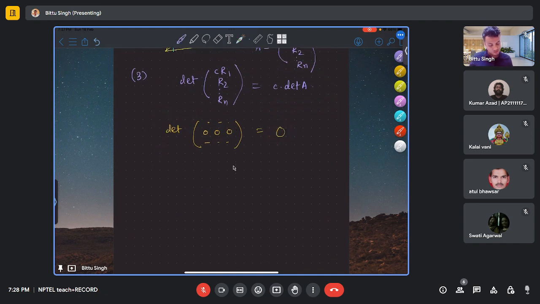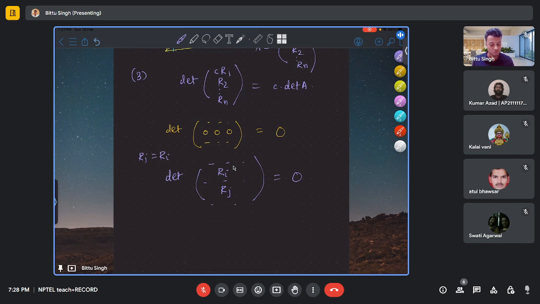And another thing you can say, suppose two rows are same, suppose Ri and Rj are same, and other rows we don't know, then determinant will be 0.